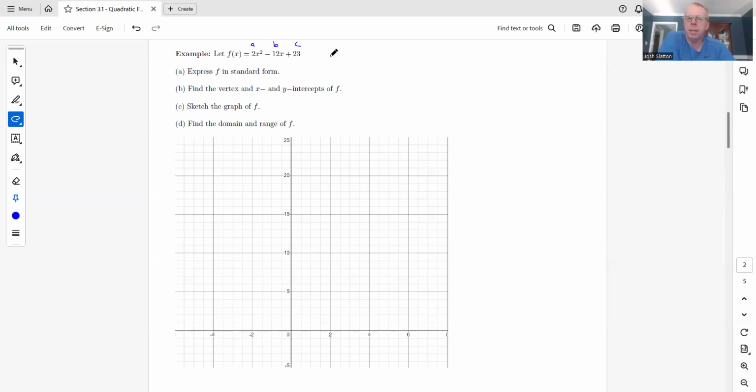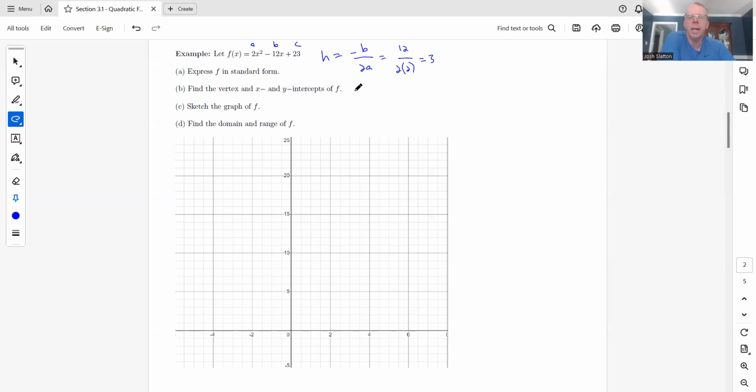And we can find the h part of the vertex by using the formula negative b over 2a. In this case, b is negative 12, so negative b would be positive 12 over 2 times a, which is 2, and that gives us 3. So that is our h.